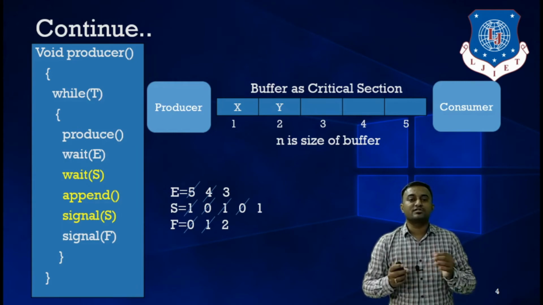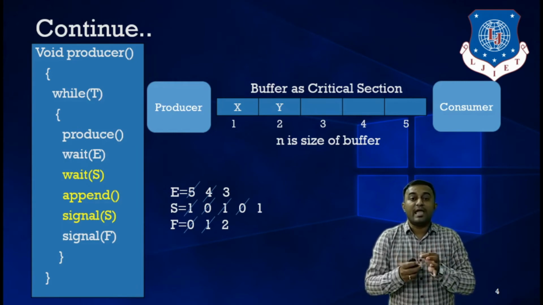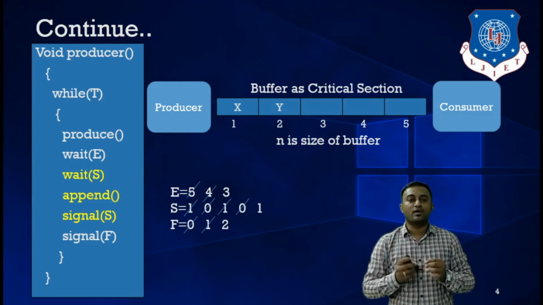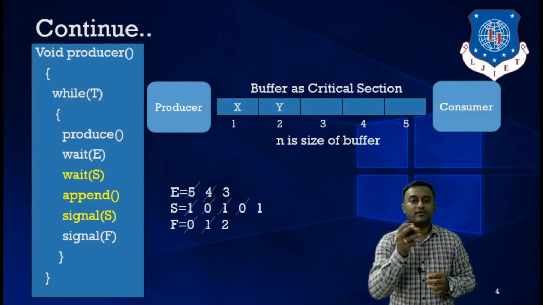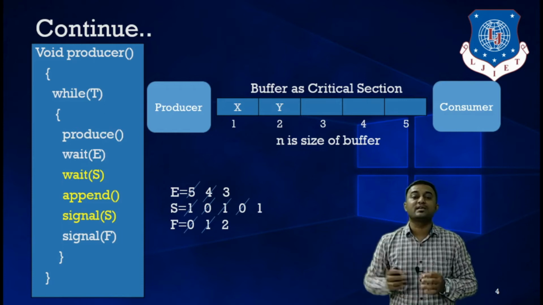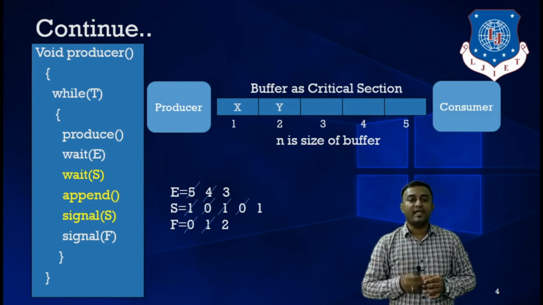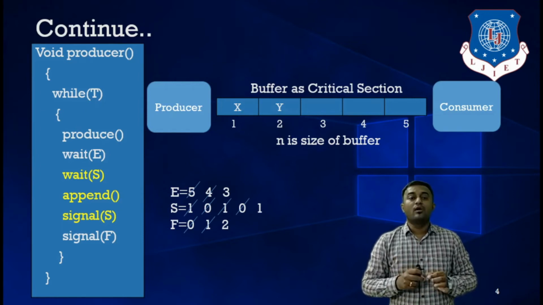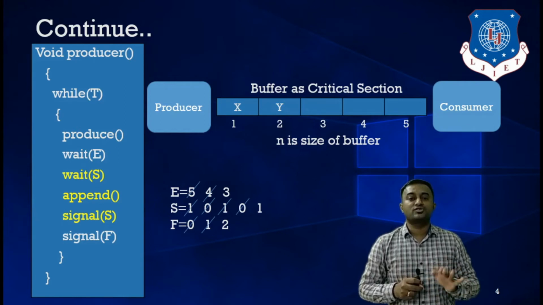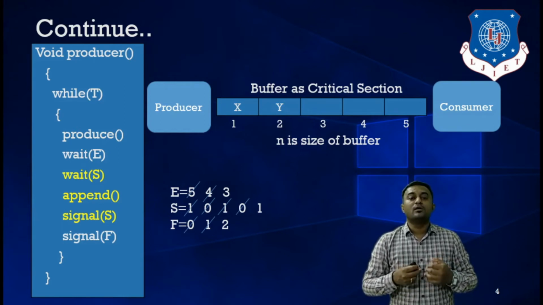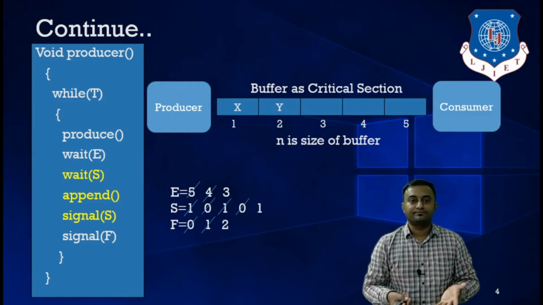Once the value is decremented, the producer will append something in the buffer, which means it will insert something. For example, in this case X is inserted by the producer. Once append is successfully executed, then signal on S. Signal on S means that once the insertion is completed, another producer can produce something.